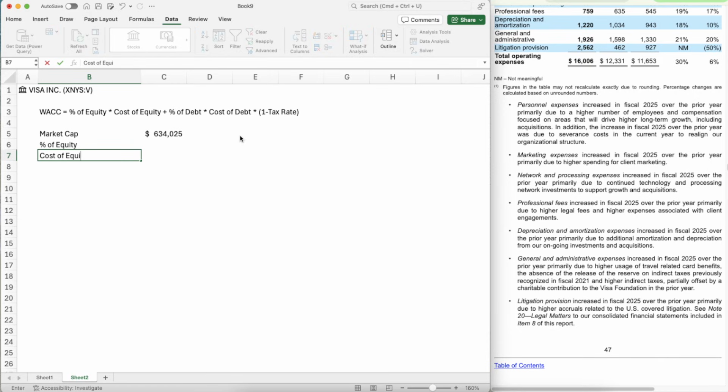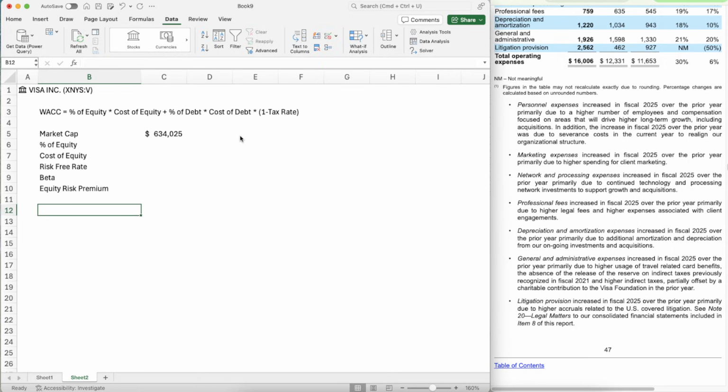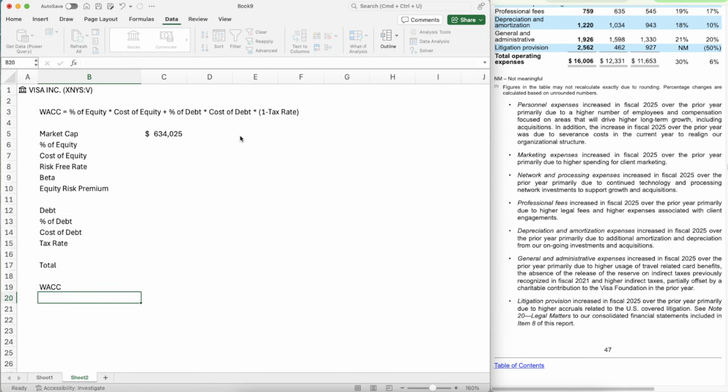Same with the cost of equity. The cost of equity consists of the risk-free rate plus your beta multiplied by your equity risk premium. These are components that we can't calculate yet, but I'll show you how to do them in a second. The next one is debt. After that, percentage of debt, cost of debt, tax rate, then we want total, and then we can get our WACC.